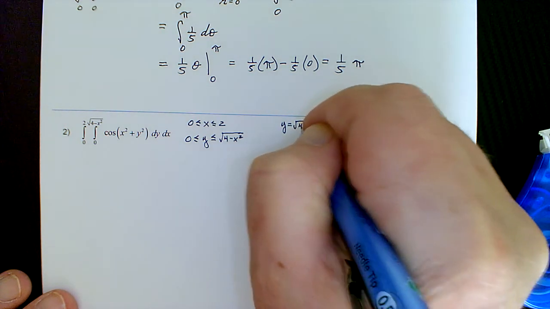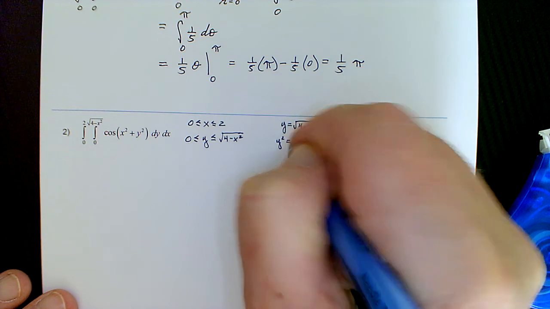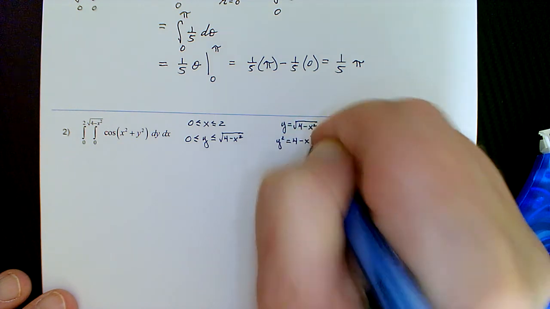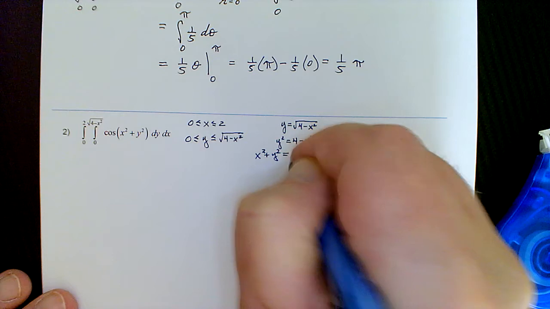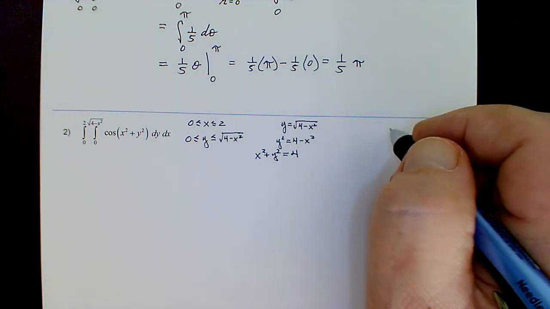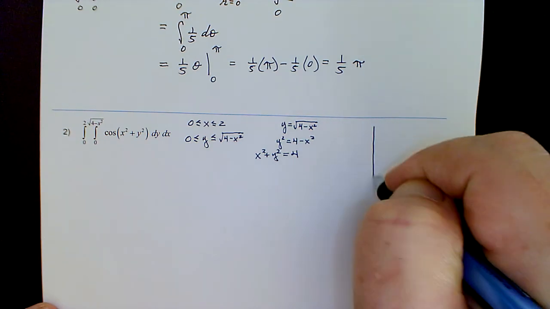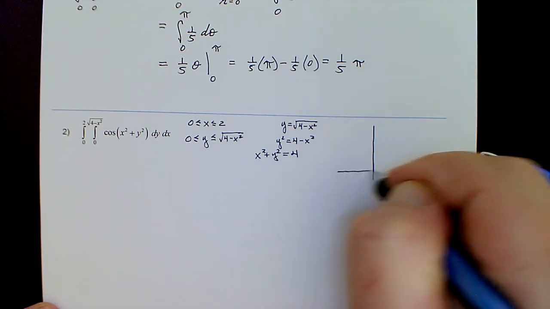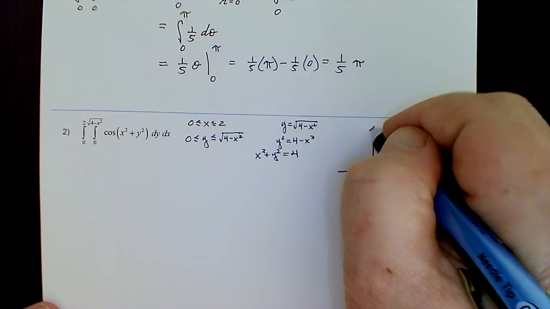Let's set it up, show it. y is the square root of 4 minus x squared, so y squared equals 4 minus x squared, just like the last example, x squared plus y squared is 4. Okay, but now we're talking about a circle with a radius of 2, and it's still just the top half because y was the positive.